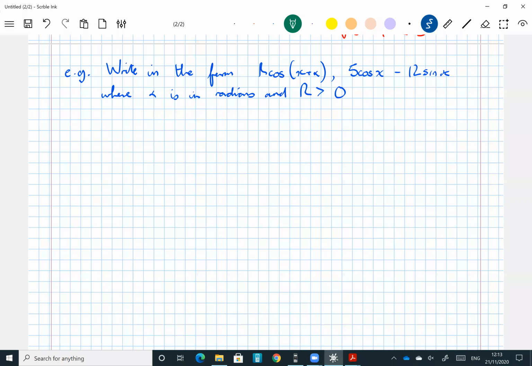So r cos of x plus alpha is r cos x cos alpha minus r sin x sin alpha. So now the comparing coefficients bit.